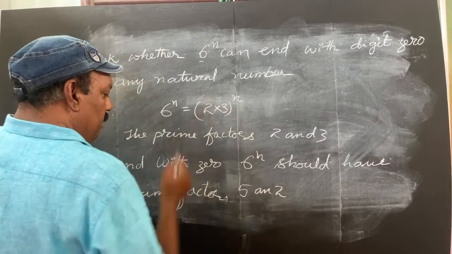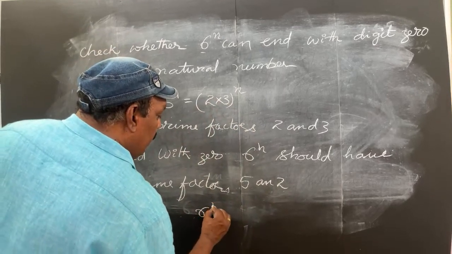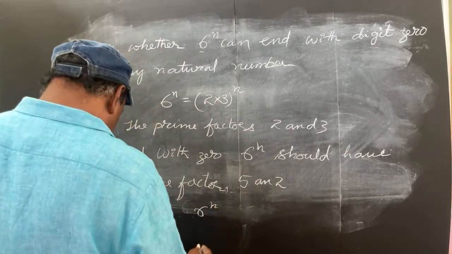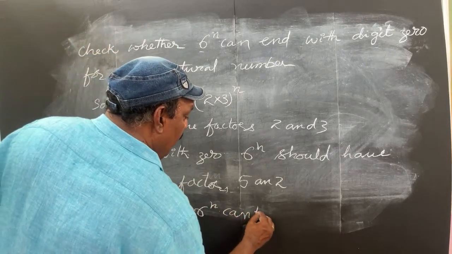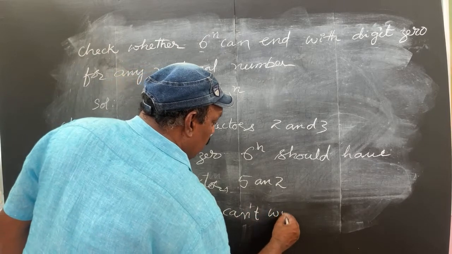But here 5 and 2 are not there. Here 2 and 3 are there. If 6 to the power of n had the prime factors 5 and 2, it would end with 0. But here we have 2 and 3, so 6 to the power of n cannot end with 0.